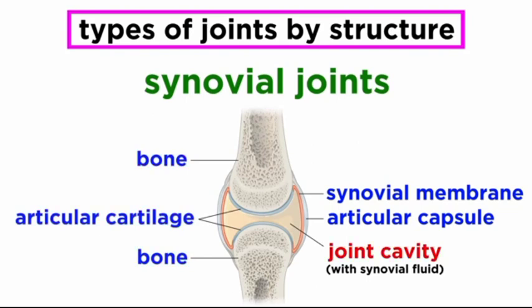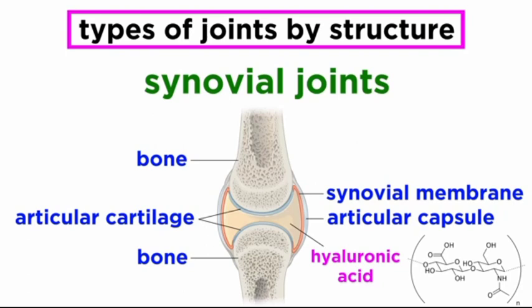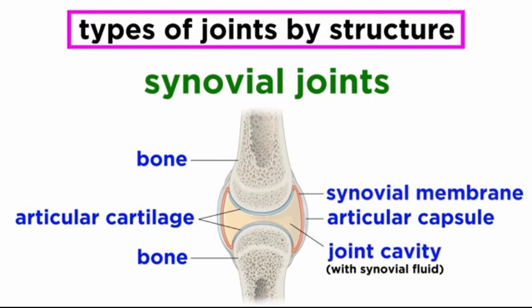Then there is the joint cavity. This contains synovial fluid, which is very viscous, containing hyaluronic acid secreted by cells that are in the nearby synovial membrane. This fluid acts as a lubricant and reduces friction between the layers of cartilage.